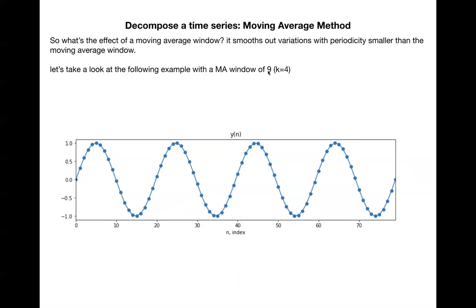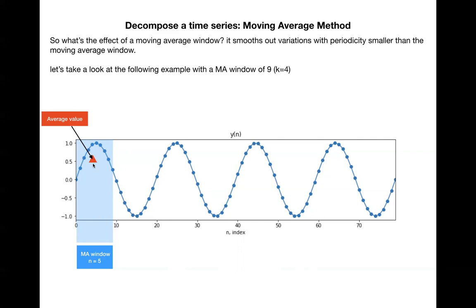I'm taking 4 points ahead of me and 4 points behind me and taking the average. For example, let's look at this point at n equals 5. I'm taking 4 values ahead of me and 4 values behind me, and I get an average here. That's my average value.